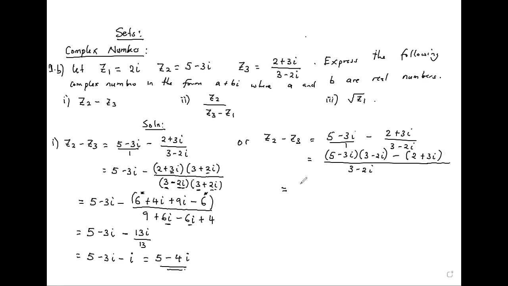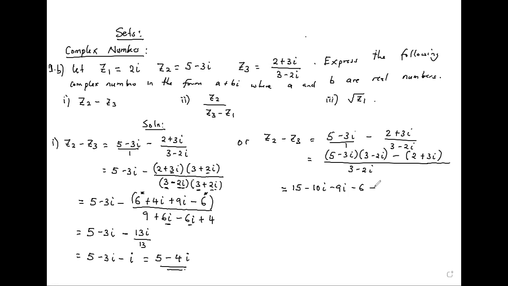So you say, okay, what is 5 times 3 now? We get 15. 5 times 2, we get 10i. And then minus 9i. Negative times negative, that is positive. Then i times i gives us a negative. So we have a negative back. Then 3 times 2, we get 6. This is minus 6.